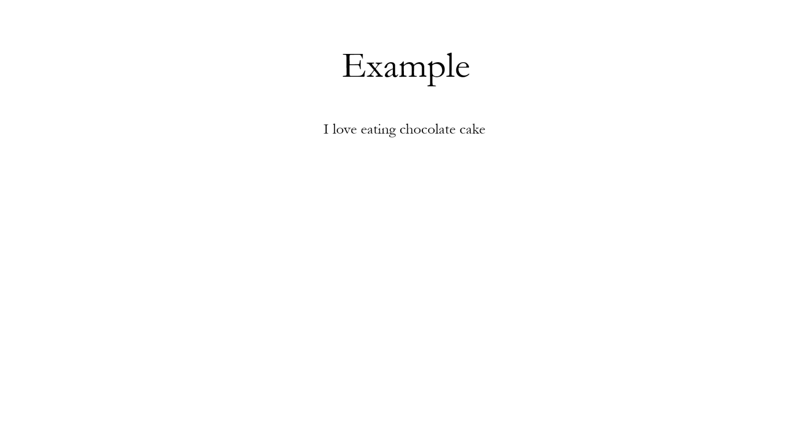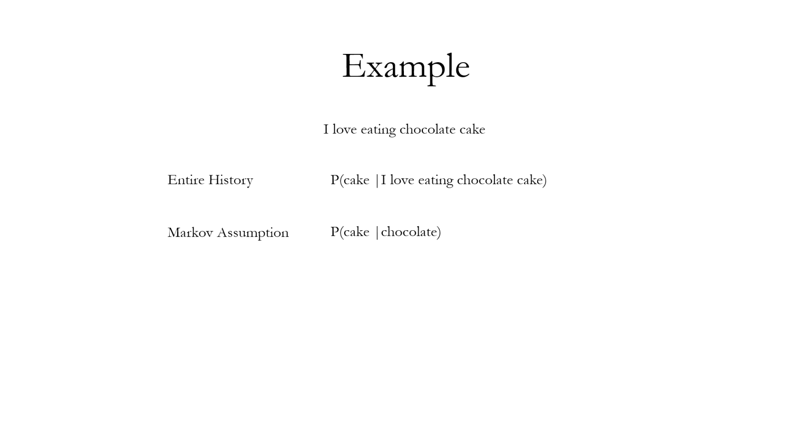So, I love eating chocolate cake. We could condition it on its entire history, right? Cake given I love eating chocolate. Using the Markov assumption, we could say cake given chocolate. So it's not a far stretch, right?